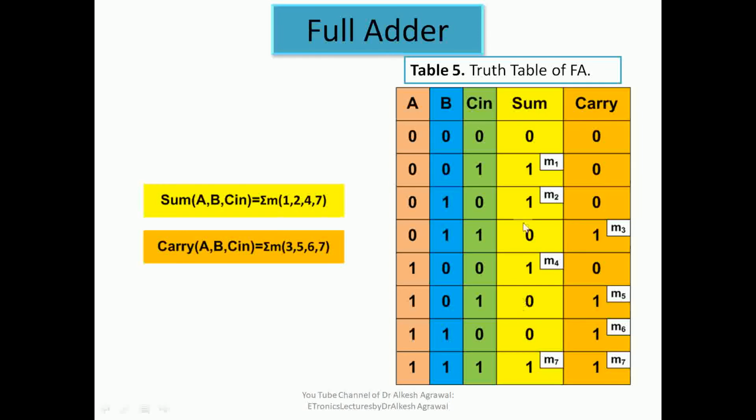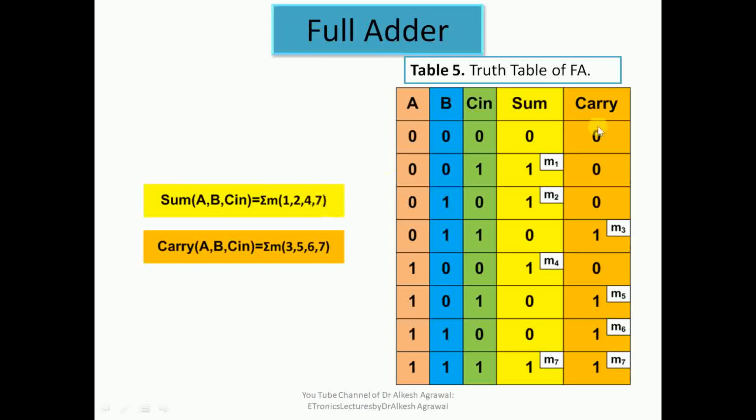So here we can see that in this truth table, in the sum output, in 4 conditions we get a high value, that is for minterm 1, minterm 2, minterm 4 and minterm 7. So the Boolean expression from this table comes out to be sum as a function of A, B, C in is summation M 1, 2, 4, 7.